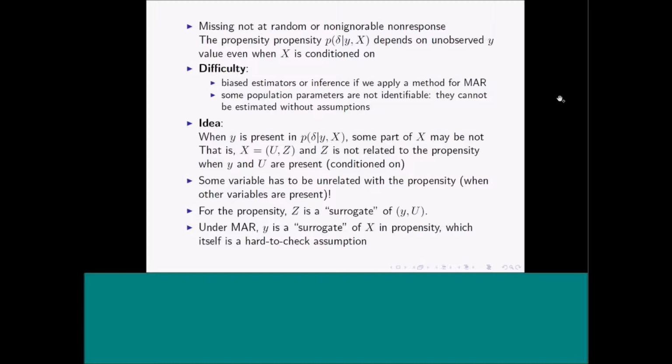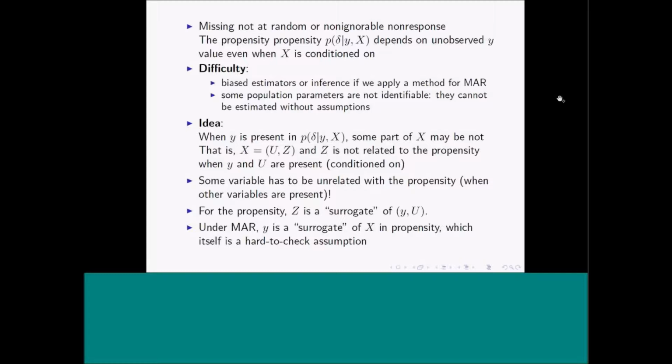So this is the assumption that I'm going to make under the non-ignorable non-response. And the motivation is that if we don't exclude any of the variables from the propensity, then the problem is not solvable. It's basically because if both y and x have to be in the propensity, then there are too many parameters, and we cannot identify all of them.